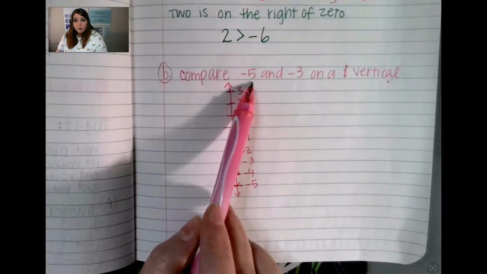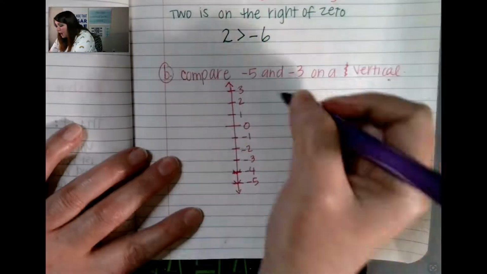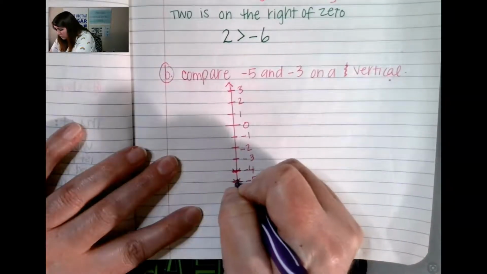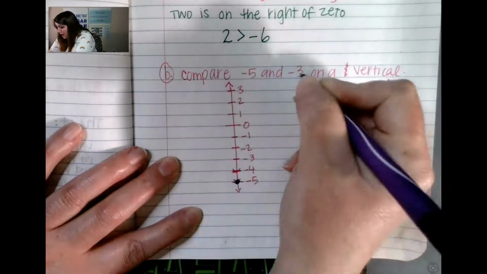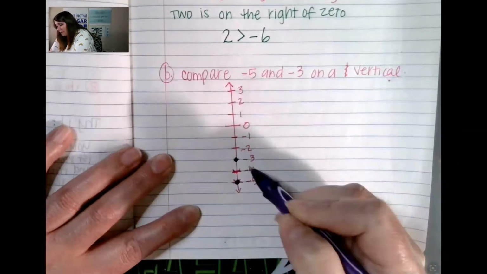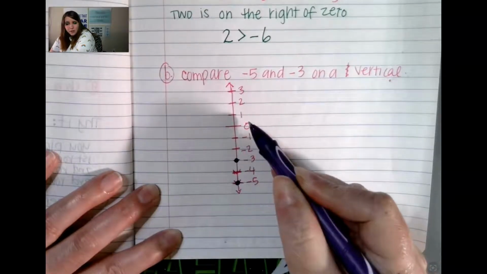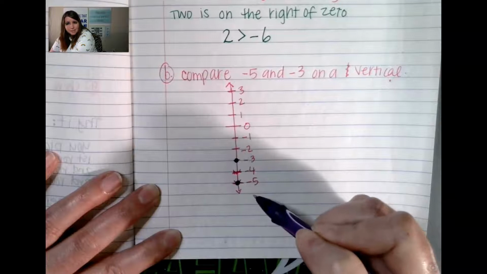So I am comparing these two integers, -5 and -3. I'm going to graph -5 first, and -3 second. And I'm going to look at how they relate to 0, because they are both below 0.